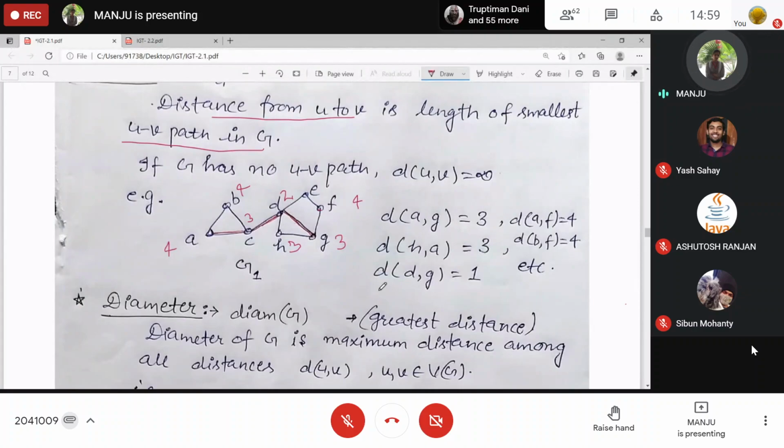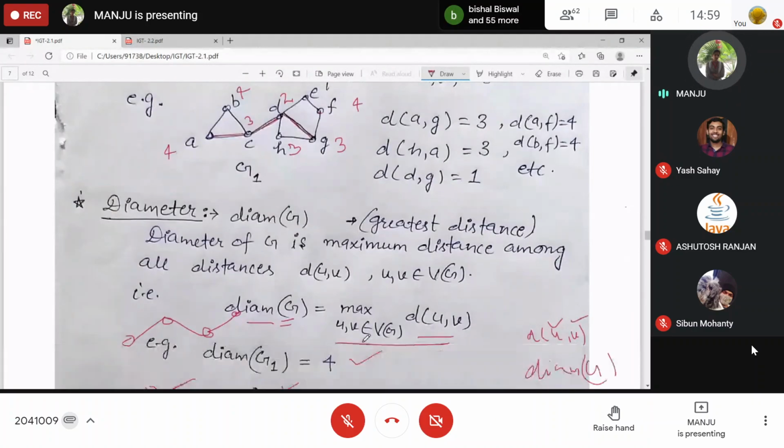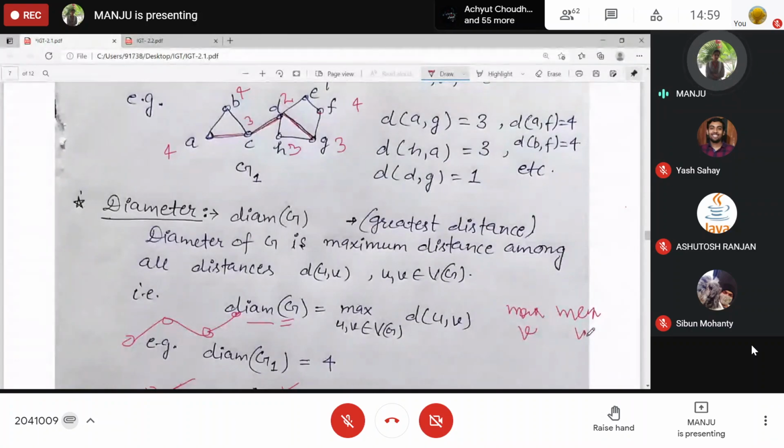Now I'm giving you one more formula for diameter. Diameter is the maximum of the U and V distance, right? So if I write it as the maximum over U, maximum over V of d(U,V), what is this?